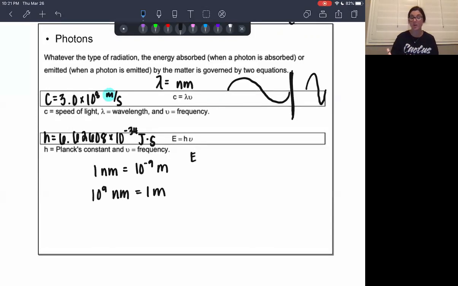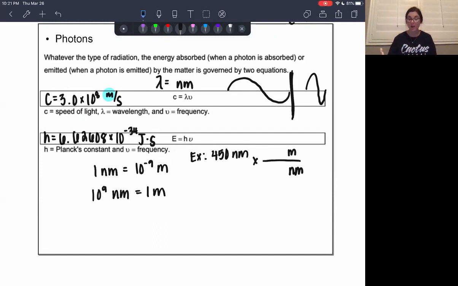So for example, if I was working with a wave or a photon that had a length of 450 nanometers, and I wanted to figure out the frequency of this wavelength, I would have to convert nanometers into meters. I could do that with either of these conversion factors. Nanometers would need to cancel out, so it would be in the denominator, and meters is what I'm trying to get to, so it would be in the numerator.